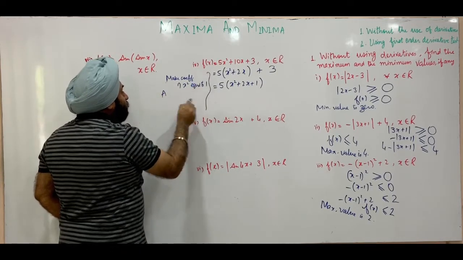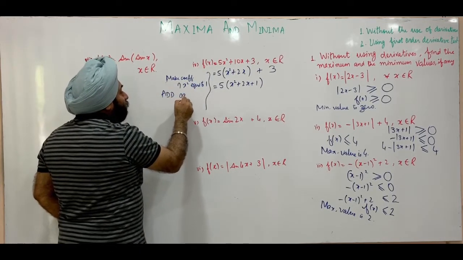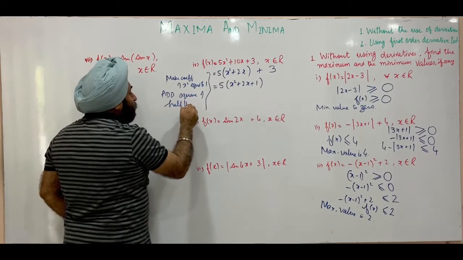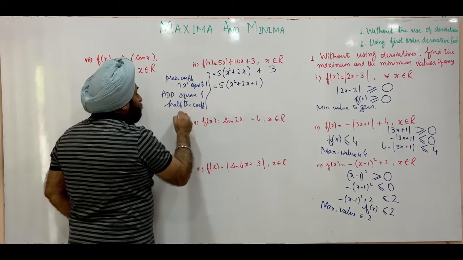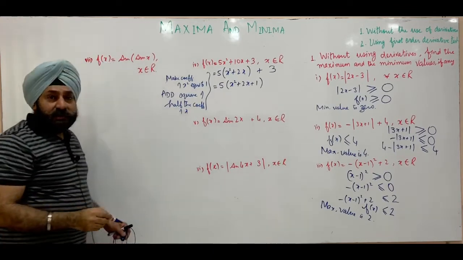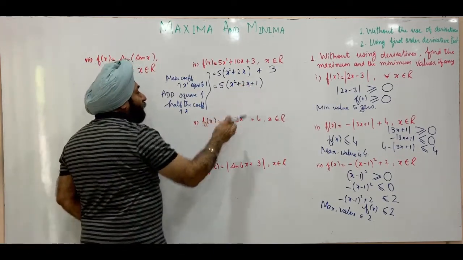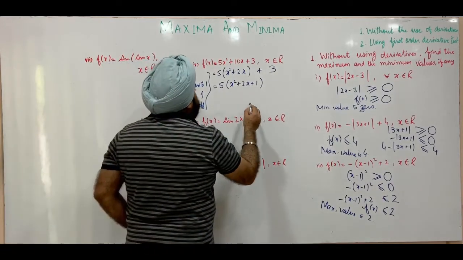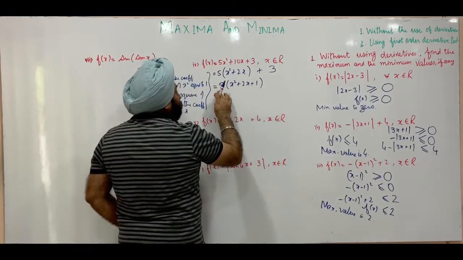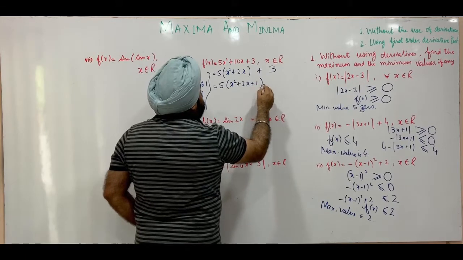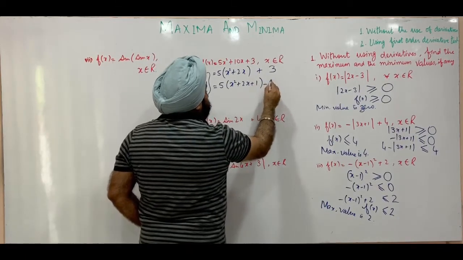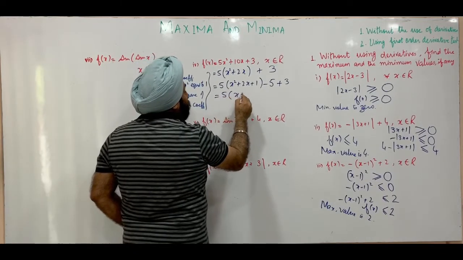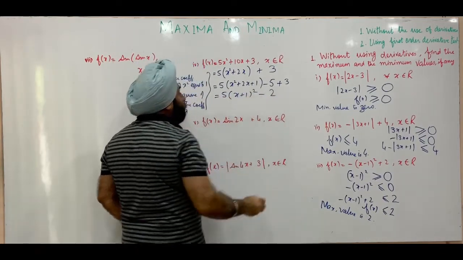Then add the square of half the coefficient of x. Here the coefficient of x is 2, half of that is 1, square of that will be 1. So that is why we are adding 1. So 5 into 1 is added and 5 is subtracted. This is 5 into x plus 1 whole square minus 2.